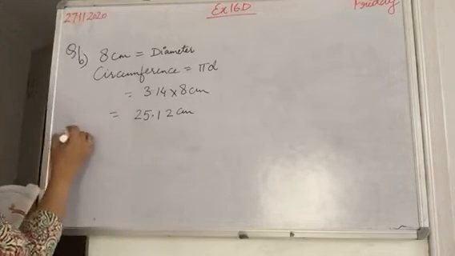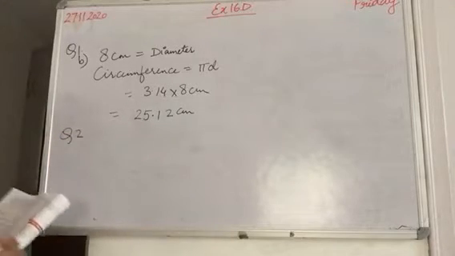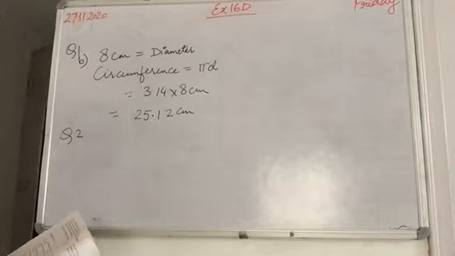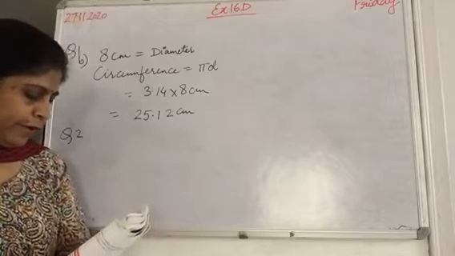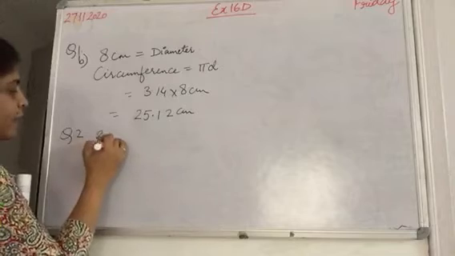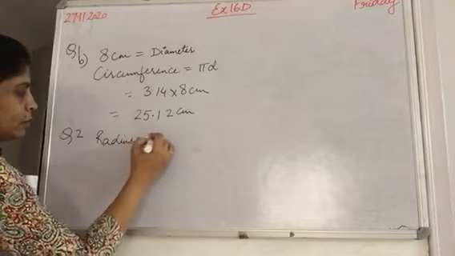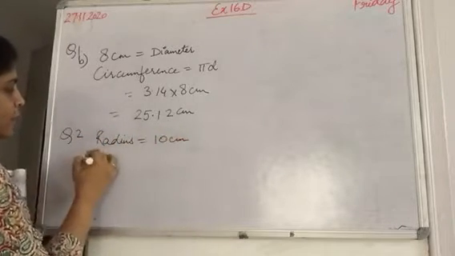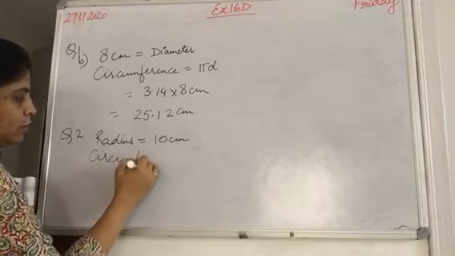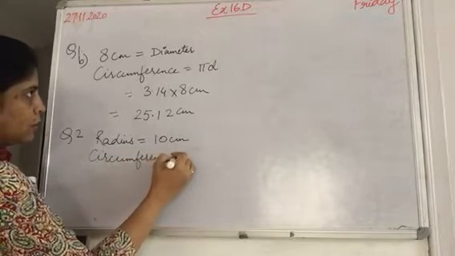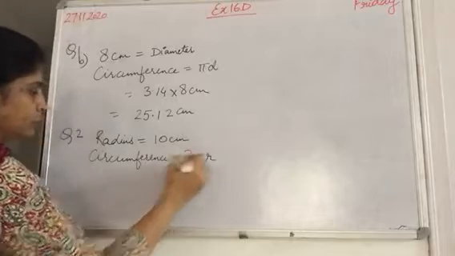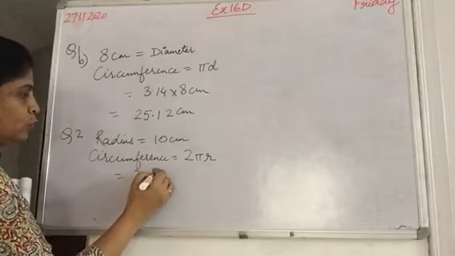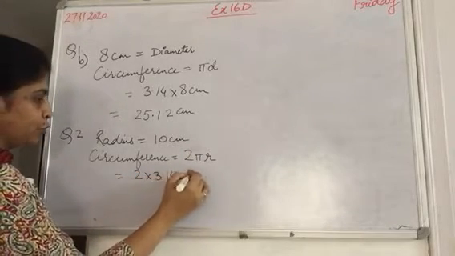Now question number 2 says find the circumference of each of the following circles with the following radius. Now radius is given as 10 centimeter. So circumference will be 2 pi r. So 2 into 3.14 into 10.